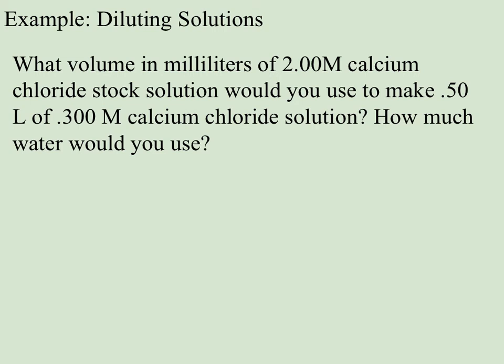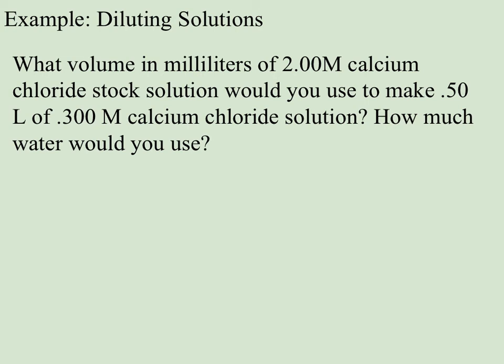So I've got an M1 here of 2.00 moles. V1, I don't know what it is, and it doesn't matter if I call this V1 or V2. So what volume of 2 molar calcium chloride should I use to make 0.50 liters of 0.300 molar, get my decimal point in there so we don't forget it, of 0.5 liters.